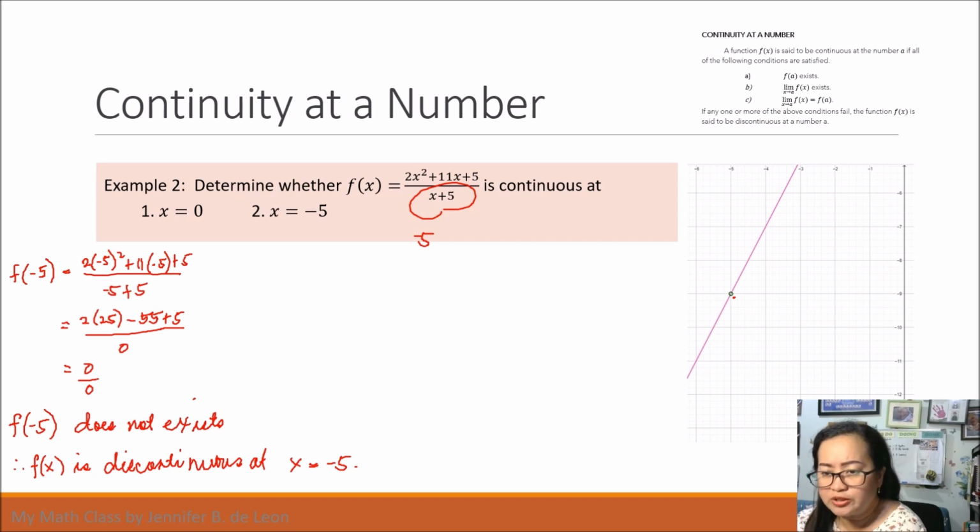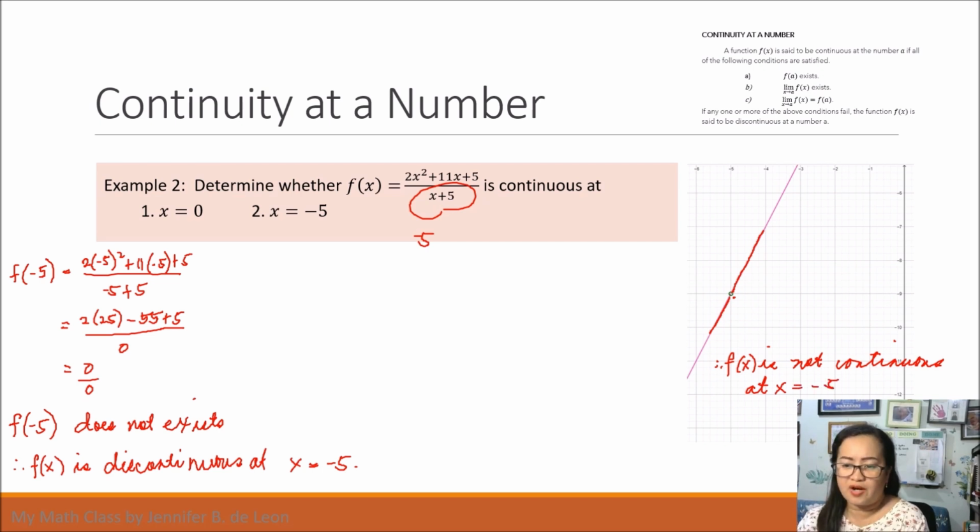So if we trace this graph, we will be interrupted by this hole in order to continue tracing the graph. Therefore, we can say that f of x is not continuous at x equal to -5.